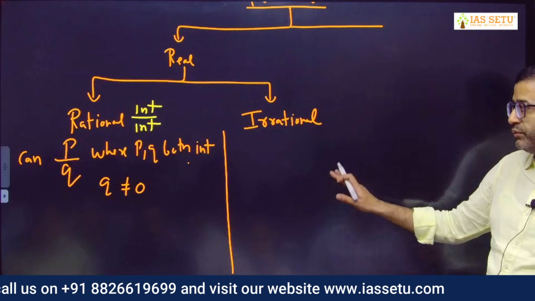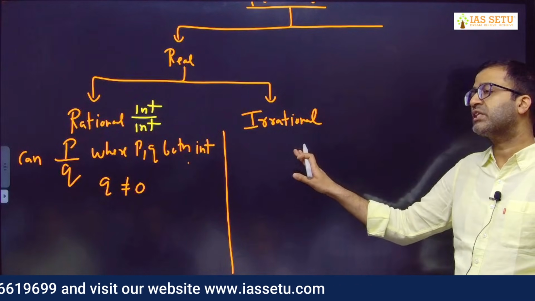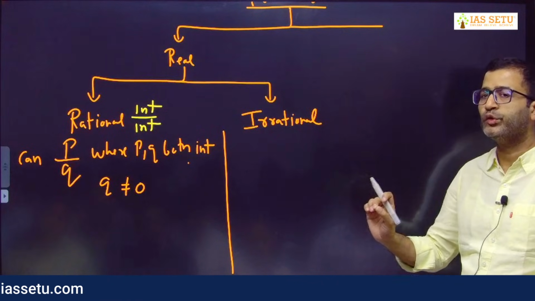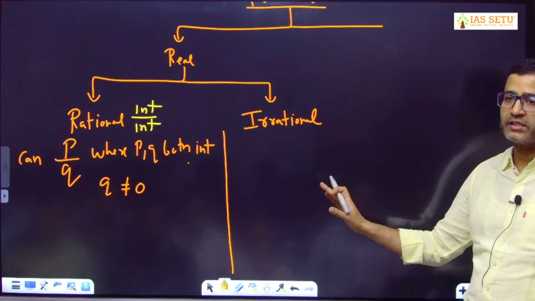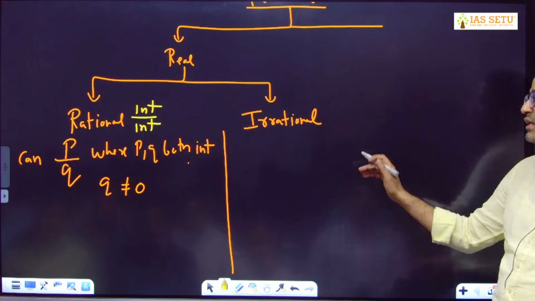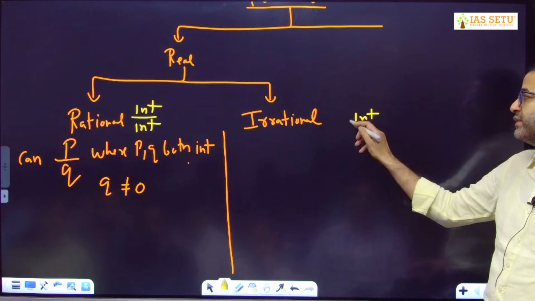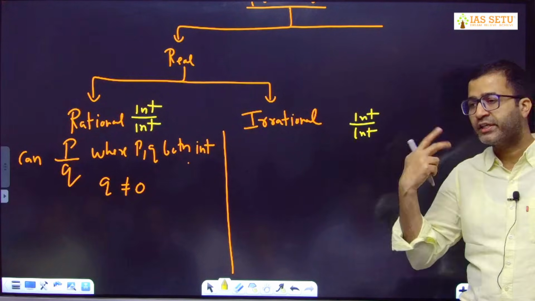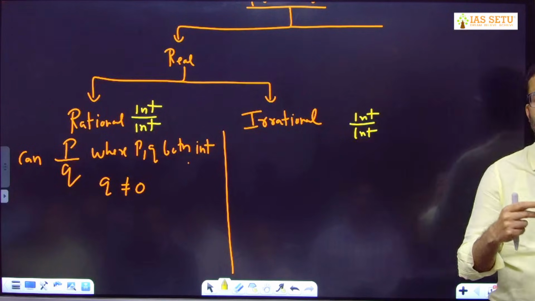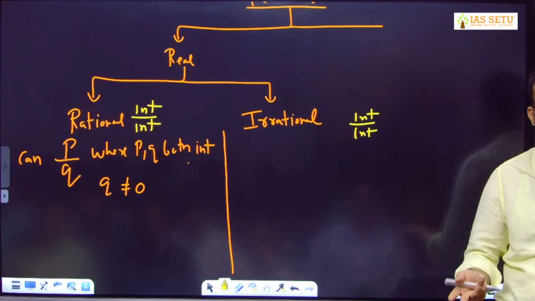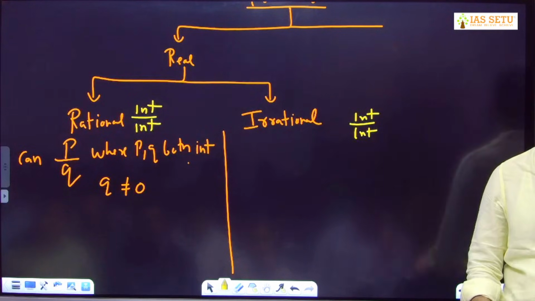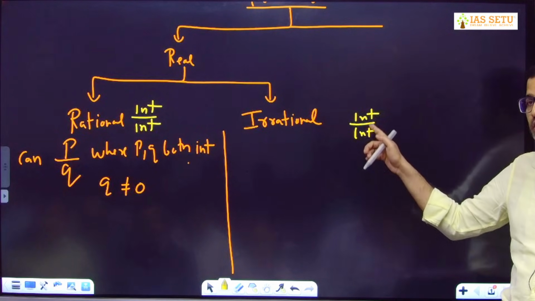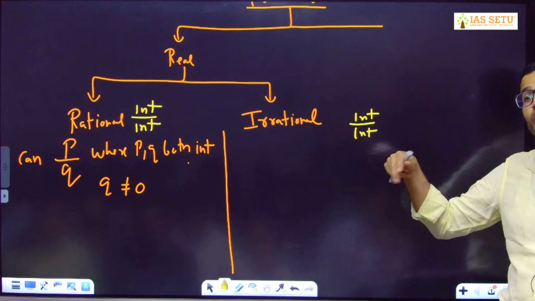See here, in book definition is given, we cannot express this in the form of P by Q, but I tell you in detail. What are irrational number? Irrational number cannot be expressed as integer upon integer. Maybe your numerator is non-integer, maybe denominator is non-integer, or maybe both are non-integer. Means irrational numbers are those where at least one of numerator, denominator is non-integer.